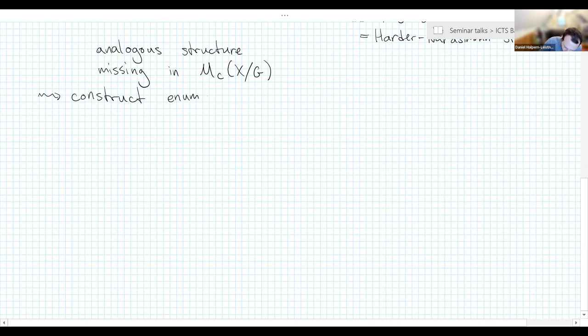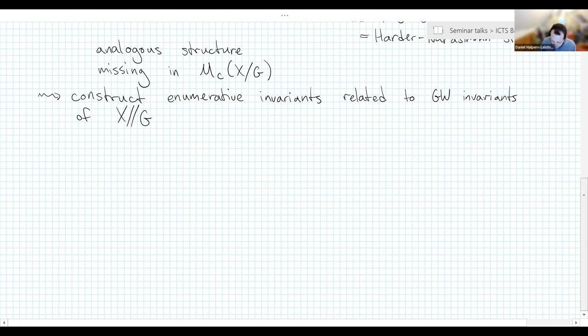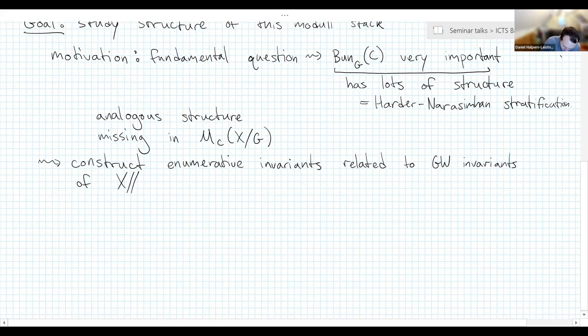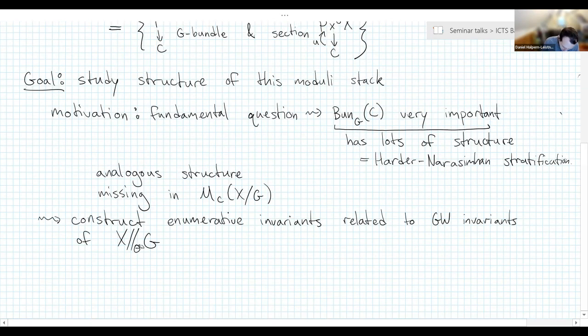You can construct enumerative invariants that are related to the Gromov-Witten invariants of the GIT quotient. Or I should say, if I take a GIT quotient with respect to some GIT parameter, usually denoted by my characters chi.